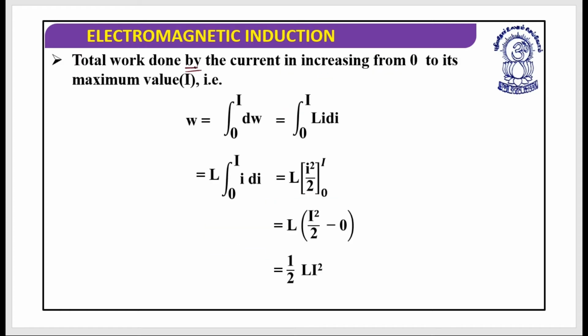The total work done by the current in increasing from 0 to its maximum value I is the integral of dW, which is the integral from 0 to I of L I di. This is L times the integral of I di, which is L I square by 2, that is half L I square. This is the work done.